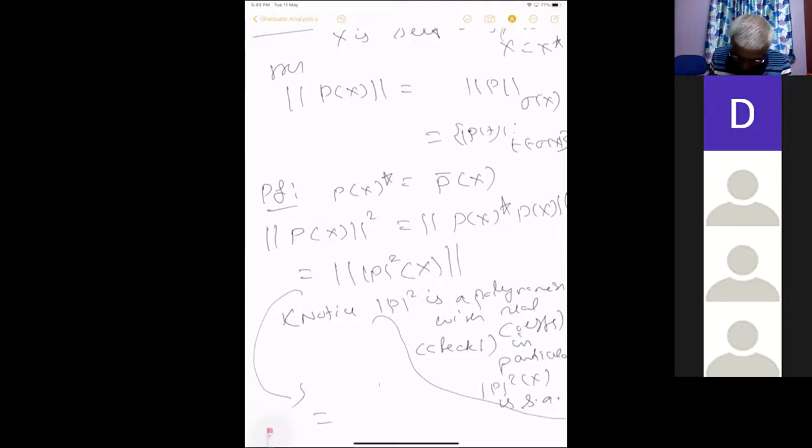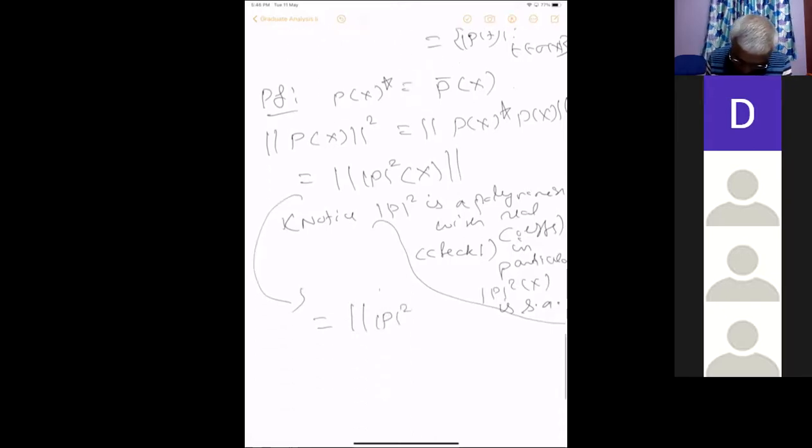The spectral radius formula says that the norm of |p|^2 of x is the same as the spectral radius of |p|^2 of x.